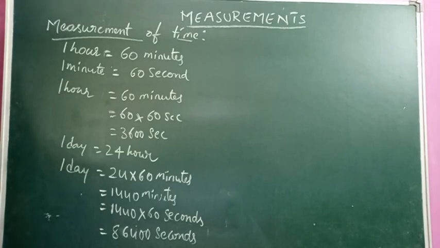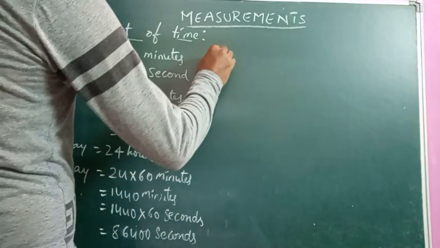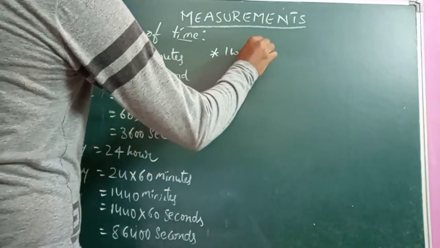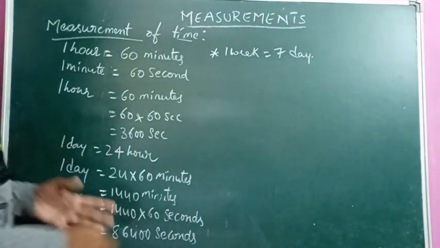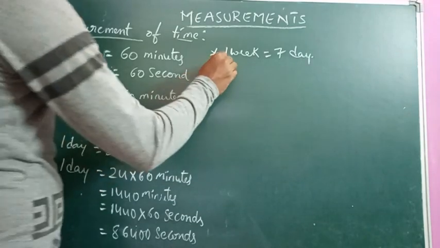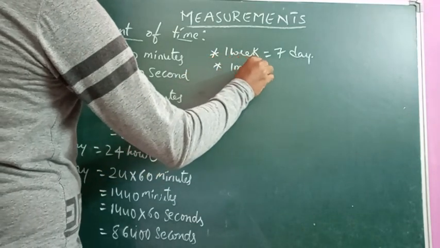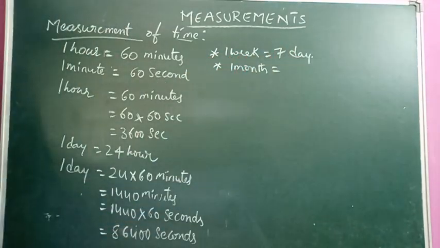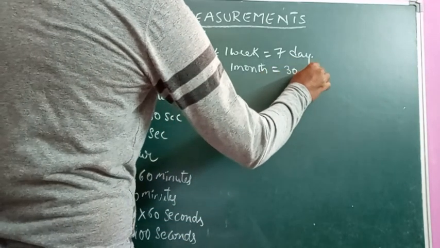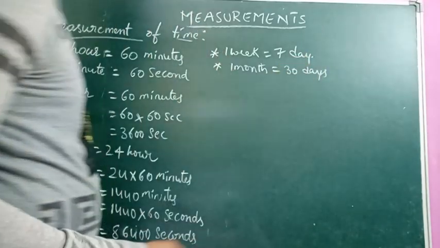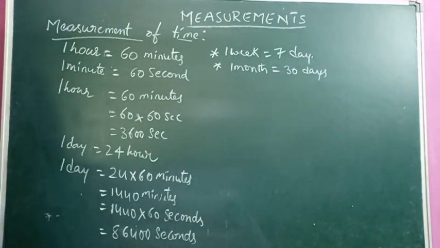Okay. Next, 1 week is equal to 7 days. Convert these 7 days into hours, minutes, and seconds. 1 month is on an average 30 days; some months have 30 days, some 31 days, and 28 days. So on an average 1 month is equal to 30 days.